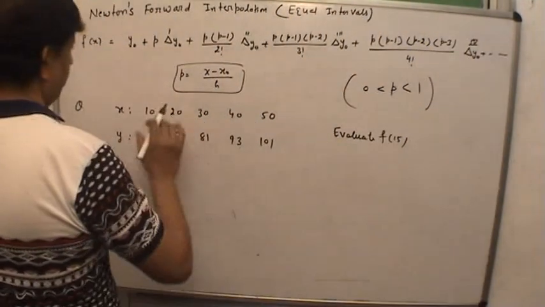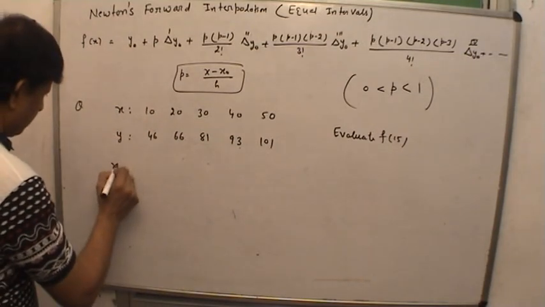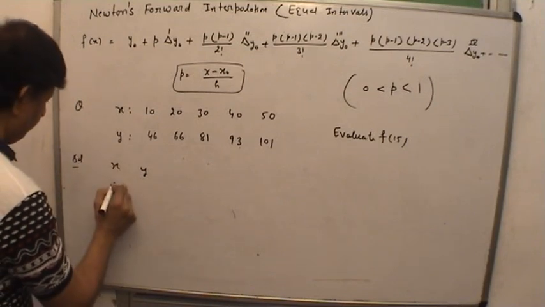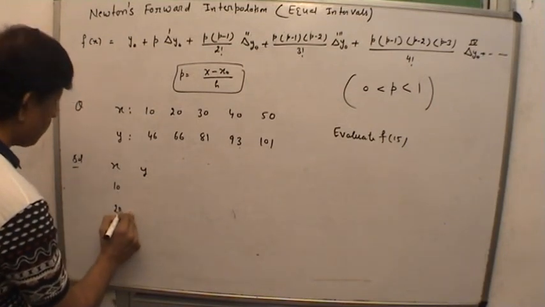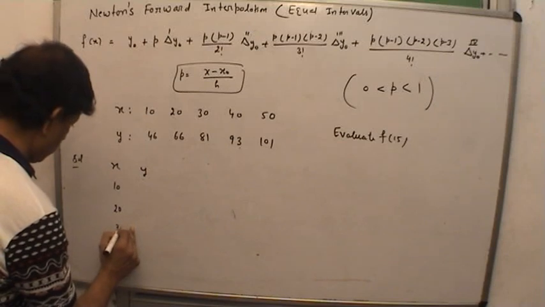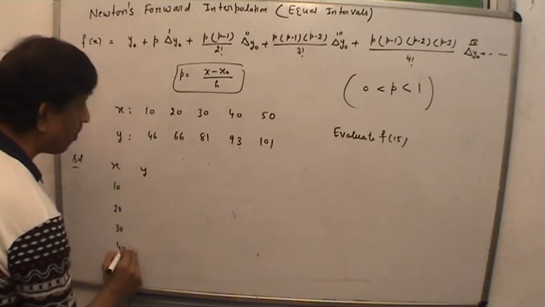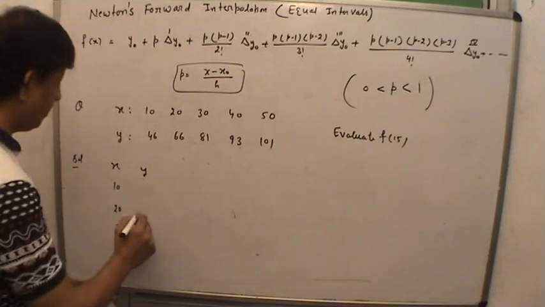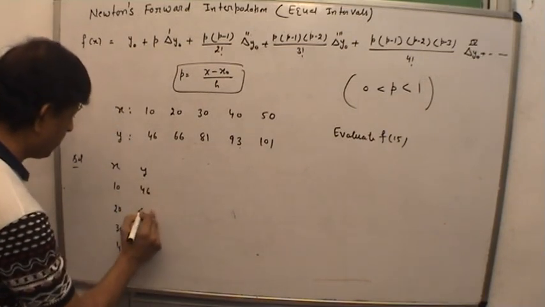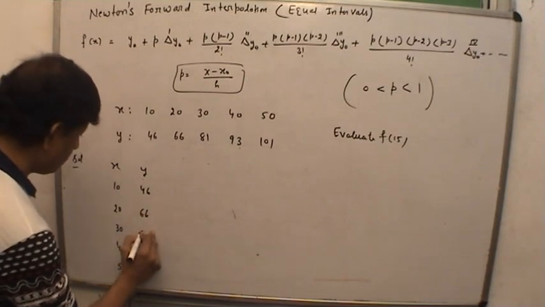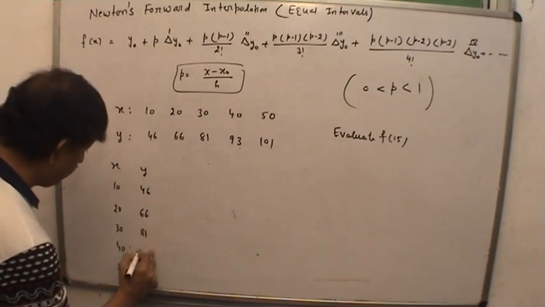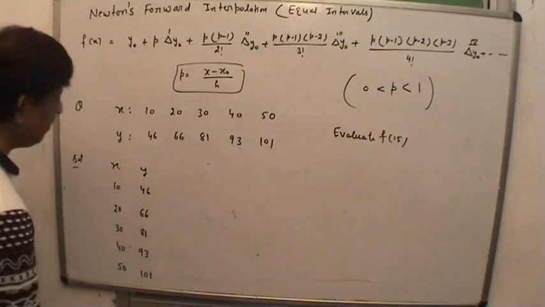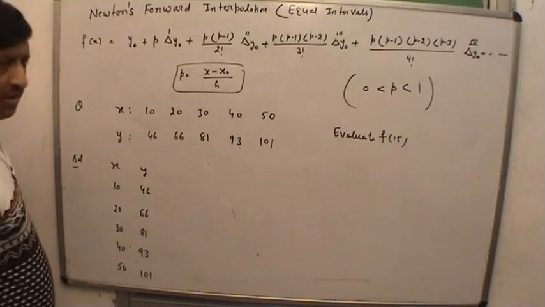Let us write the given data x and y in vertical form: x is 10, 20, 30, 40, 50, and y is 46, 66, 81, 93, 101. It is the given data.